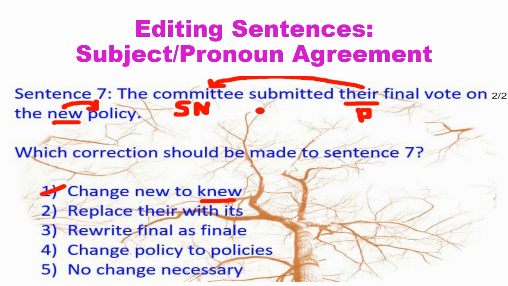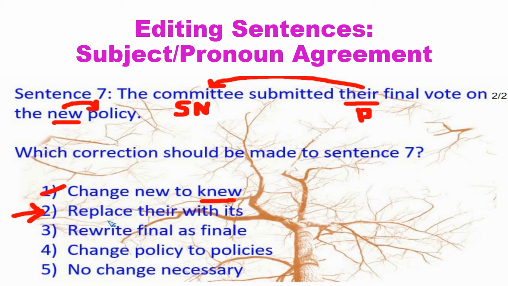So now in this case, we need to apply what is known as our subject pronoun agreement that states that when we have a singular subject, we also need a singular pronoun because our pronoun refers back to our subject. It takes the place of our noun. So option number 2 is the correct choice in terms of answering our question, which states which correction should be made to sentence 7.